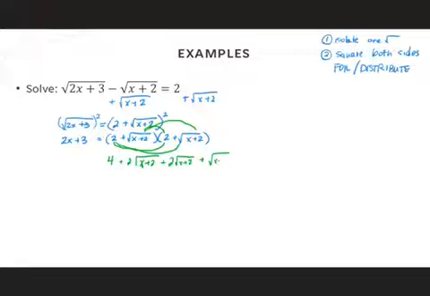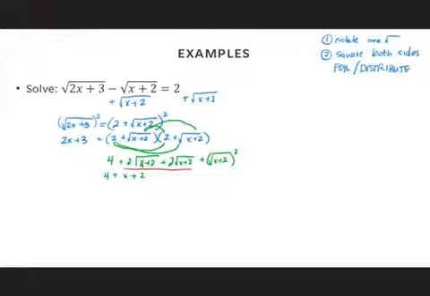So I have the square root of x plus 2 squared. Okay, now this becomes a 4. The square root of x plus 2 squared is going to be plus x plus 2. These two things are like terms. They have exactly the same variable setup.